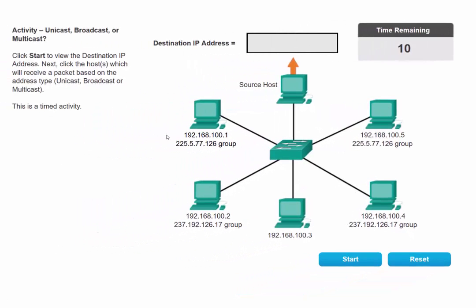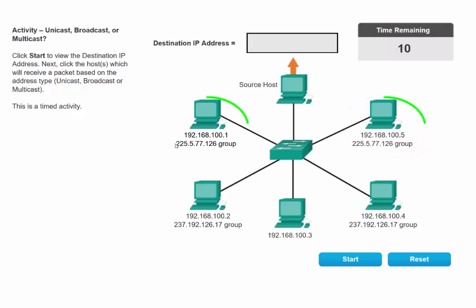This exercise tries to get us familiar with the different types of addresses. We'll take one minute to observe the network. This network has 5 different hosts. We can notice that each host has a unicast address, which is 192.168.100.1, 2, 3, 4, and 5. This is the host part.